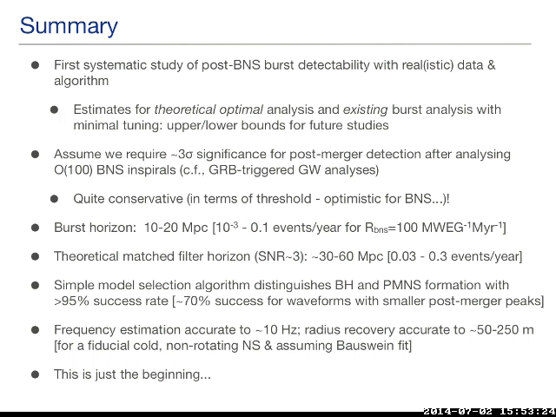Is that not what I was saying? That's telling you the time of coalescence, and that's the information I'm using for the burst search. Yeah, but you could combine the two and get a lot more, because you can get the equation of state information from the earlier inspiral part as well.